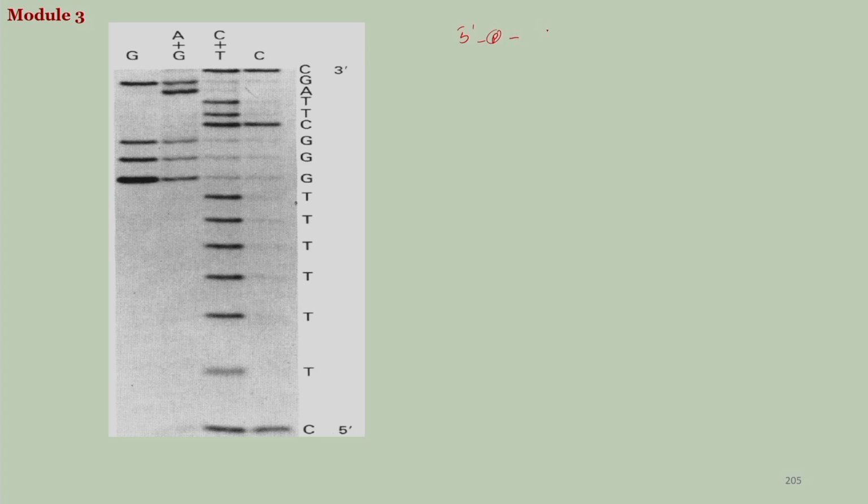Phosphate, then you have GC, TA, CG, TA. Now, vial 1, what kind of vial 1?